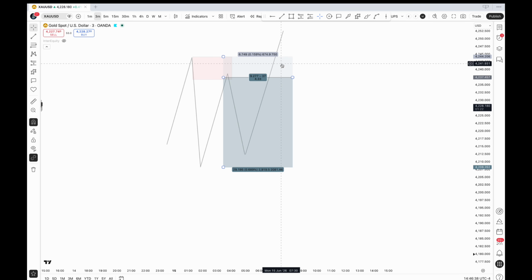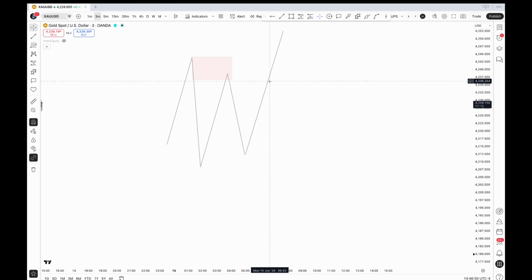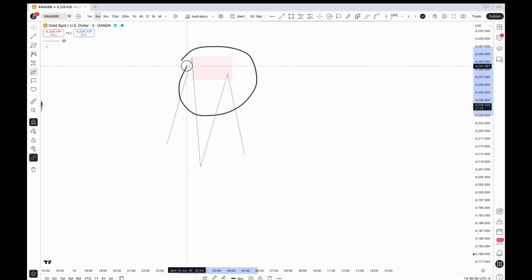And this is why I really love the model that we trade here at Inter-Equity, because it allows us to stand clear from these trades. So why don't we take this? Because like I said before, this here is enticing or inducing traders into getting into the market.